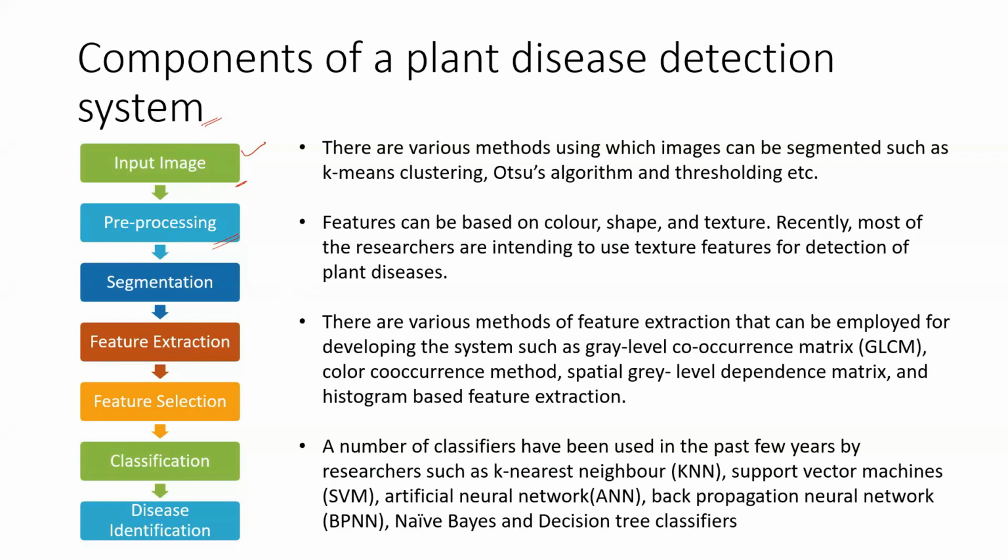Or if images are captured in unfavorable weather conditions and the orientation of the camera is not proper, pictures can be distorted and have noise. So you can pre-process those images intelligently so that results will be better.